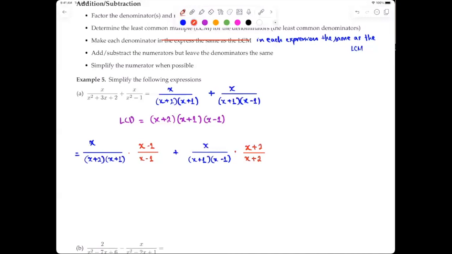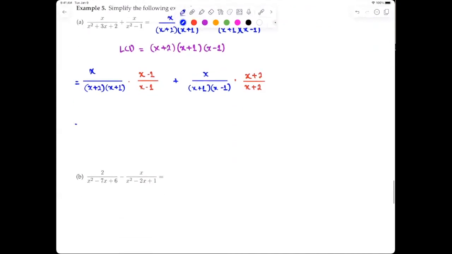We okay? We understand where everything is coming from. Good. All right. So now the denominators are the same. So we keep the denominator, we combine the numerators together. So we have one denominator, which is x plus 2 times x plus 1 times x minus 1.